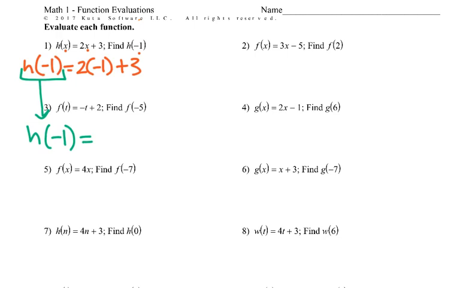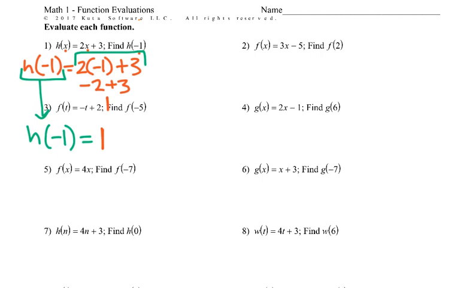I only deal with the part of the function that's not the output, that's not the name. So 2 times -1 is -2. -2 plus 3 is +1. So my result is +1.